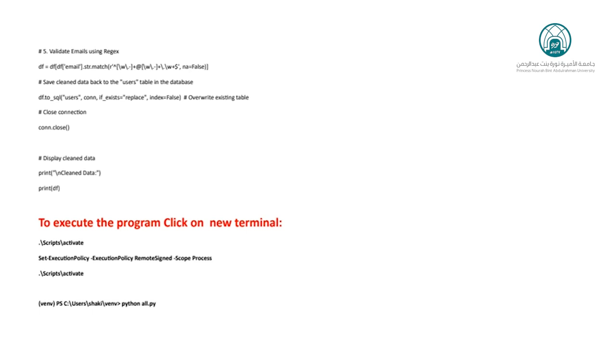Here I have df.to_sql, the table name, the connection variable, if_exists equal to replace. So this is important. What does it mean? It means if the users table already exists, delete the data and replace it with the clean data. Overwrite the existing table.